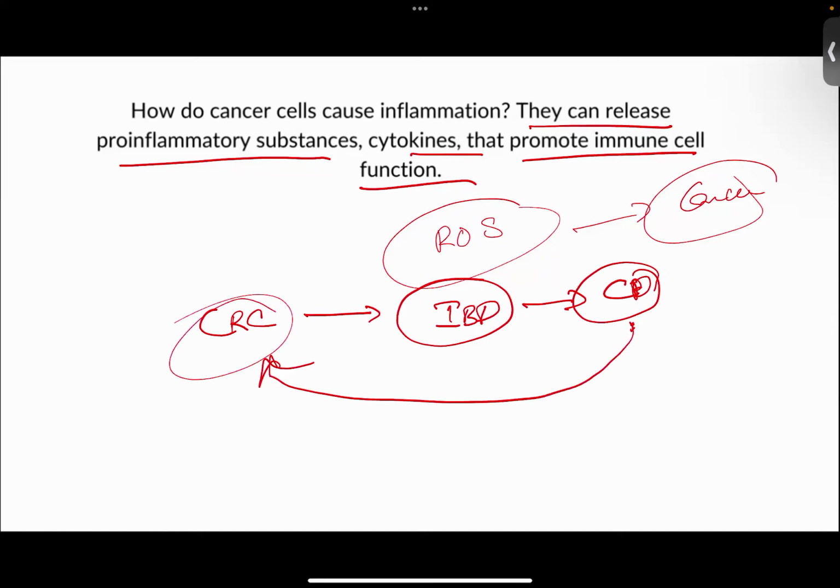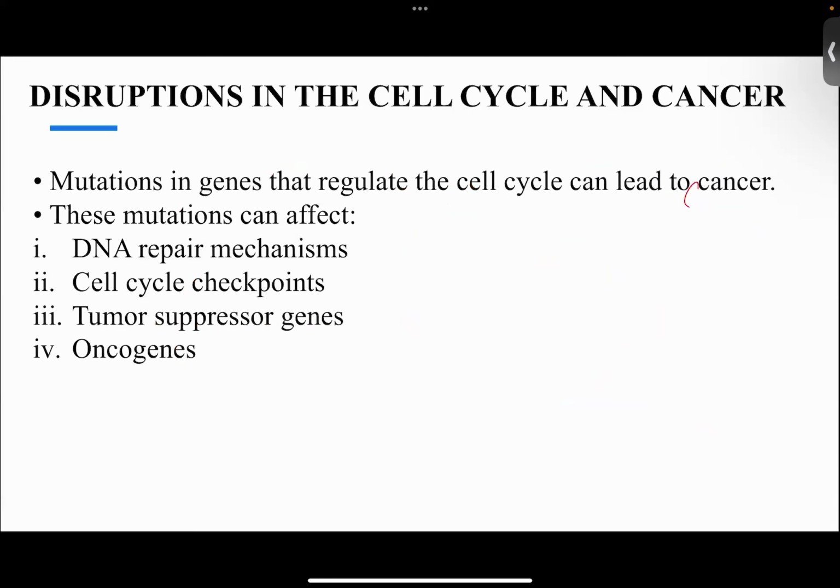In the same way, hepatitis B, HBV infection, HCV, all cause chronic inflammation in the liver, finally leading to liver cancer. Chronic inflammation and lung damage due to smoking again cause lung cancer. So basically, disruption in the cell cycle and cancer.